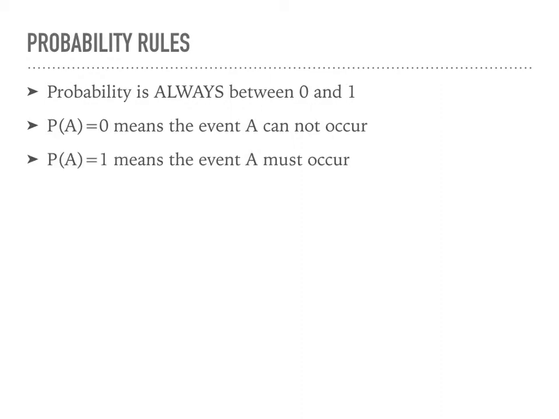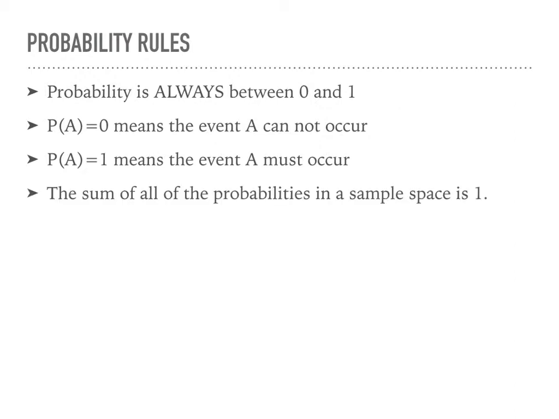P of A equaling 1 means the probability of A equals 1. That means the event A must occur. Now, if event A was all of the outcomes in the sample space, then it would have to equal a probability of 1, because the sum of all of the probabilities in a sample space is equal to 1.